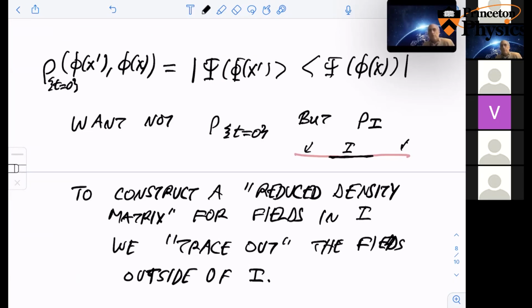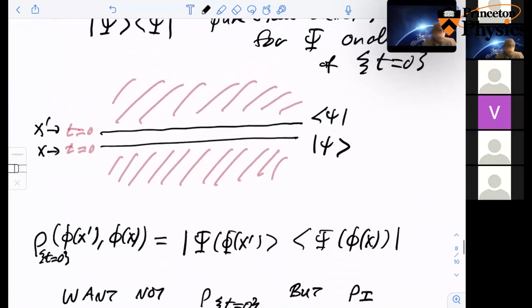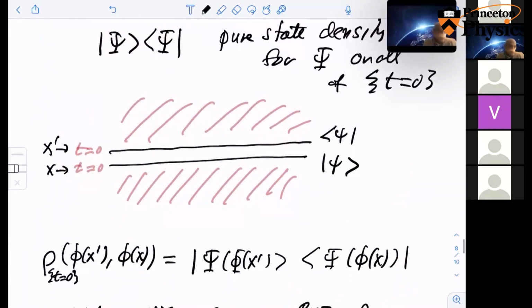What does it mean to trace them out? What it means is that we sum over the unobserved. If you imagine we're making observations only in the region I, we think of the regions outside of I, or space-like separated from I, as unobserved regions. We sum over all the unobserved values of the fields outside of region I. Now, summing over those, tracing them out, means setting them equal in the bra and the ket.